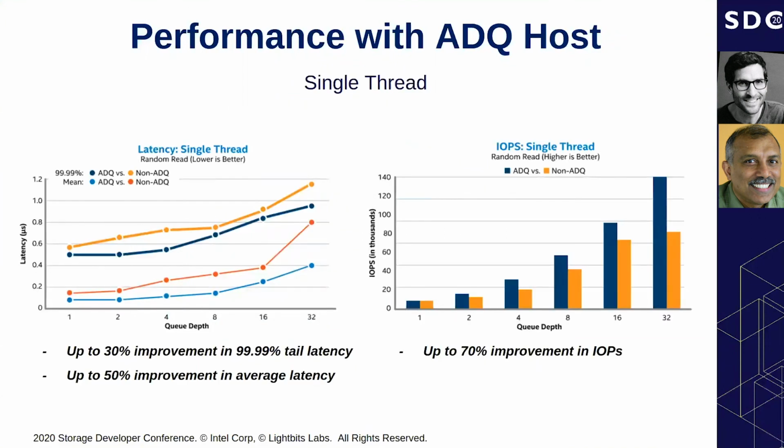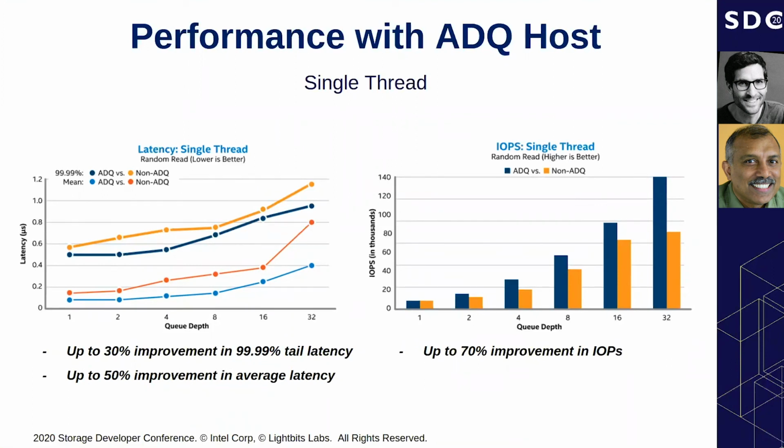So in a single thread, we took the same single thread workload from that host, and we saw the improvements from ADQ versus non-ADQ, both on the mean latency on the left-hand side, which can result in up to 50% improvement on the average latency depending on the queue depth. We have a variance in queue depth between 1 and 32 for that single thread.